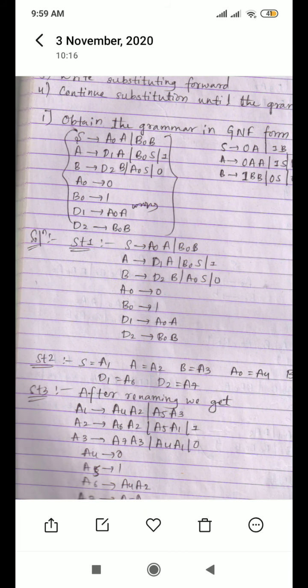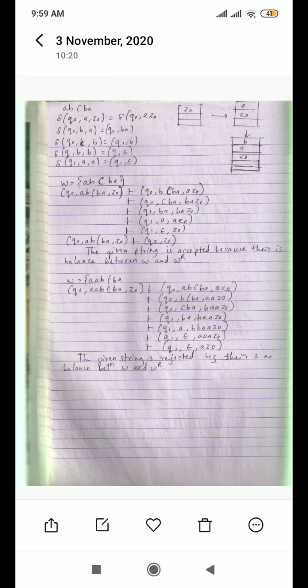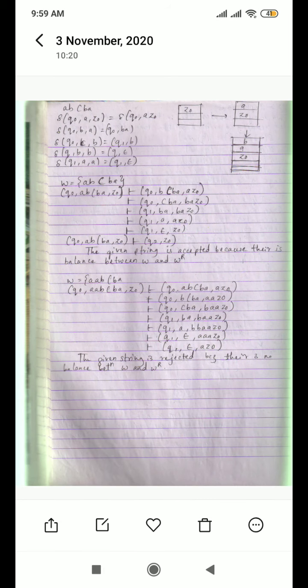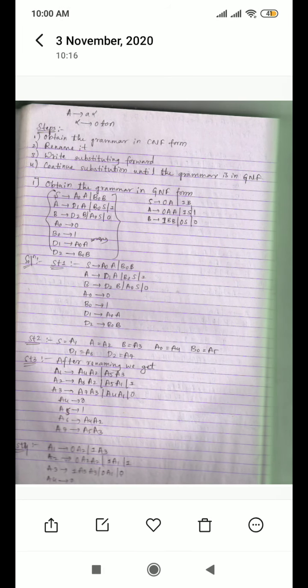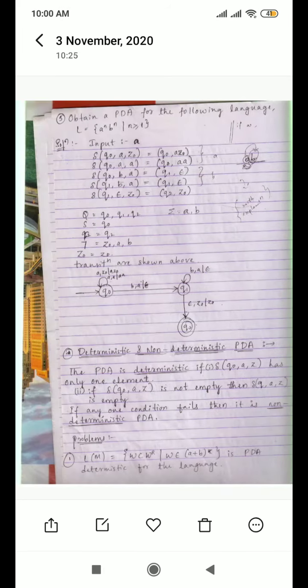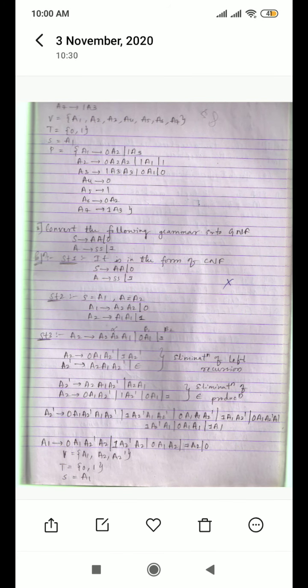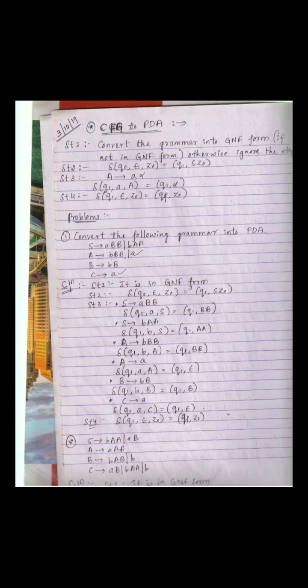Then I go for the substitution, replacing on the right-hand side also. After replacing, A1 implies A4 A2, A2 implies A6 A2, and like this I replaced everywhere. Once I replaced everywhere, I need to check the condition.